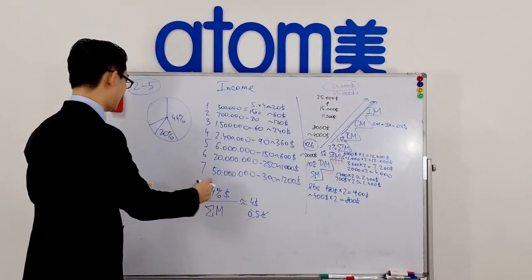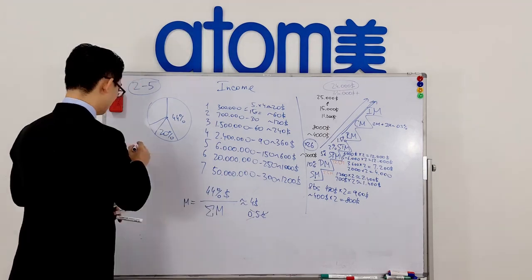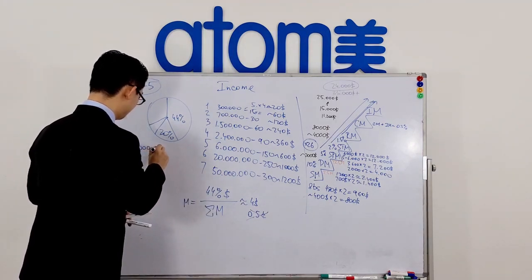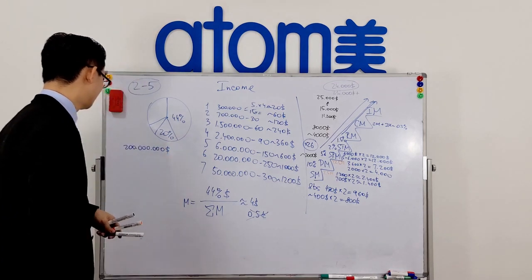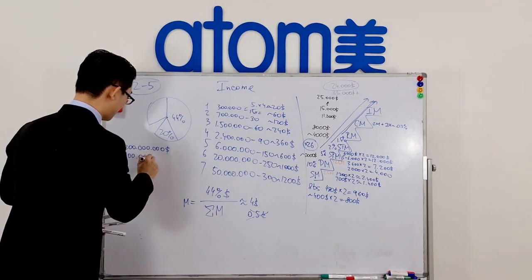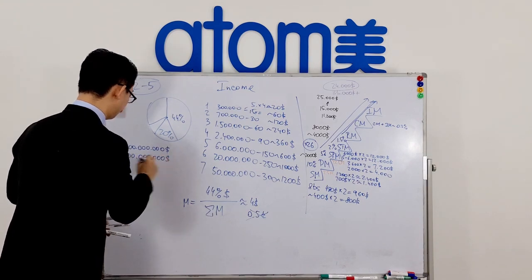And if we say that today we have approximately 200 million US dollars in sales, and our income cannot exceed half of this amount, so our PV equals at maximum this.